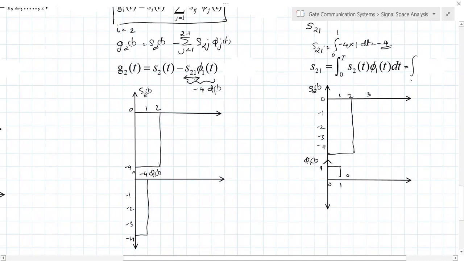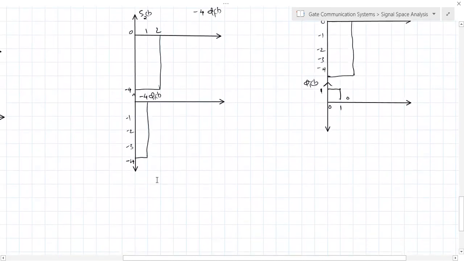And the next operation is that you need to subtract the second signal from the first signal. So graphically, if you look at this particular signal, you can see that if you subtract these two signals, you will get a new signal which exists from 1 to 2 and whose amplitude is minus 1.